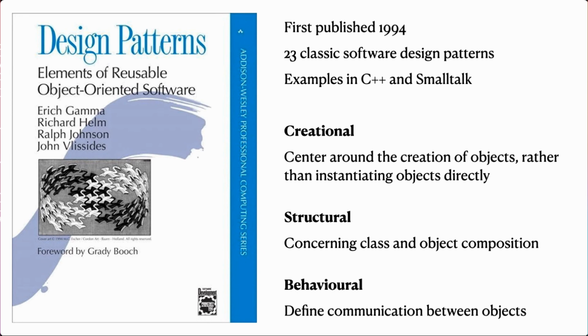It's also worth noting that the Gang of Four, the 4 authors, Erich Gamma, Richard Helm, Ralph Johnson, and John Vlissides, I hope I didn't butcher his name, claim that they have not invented design patterns, that they are not a new concept, and they were present in software development for ages, but they were the first ones to collect them, to talk about them, to give them names, so people have a common vocabulary for discussing design patterns.